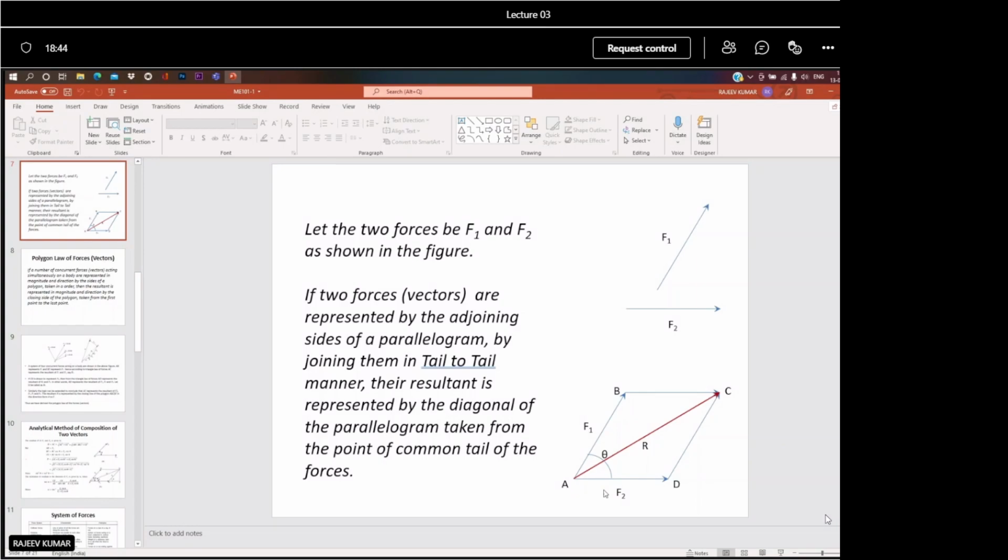So if I take F1, then F1 divided by the sine of the angle between the remaining two forces.